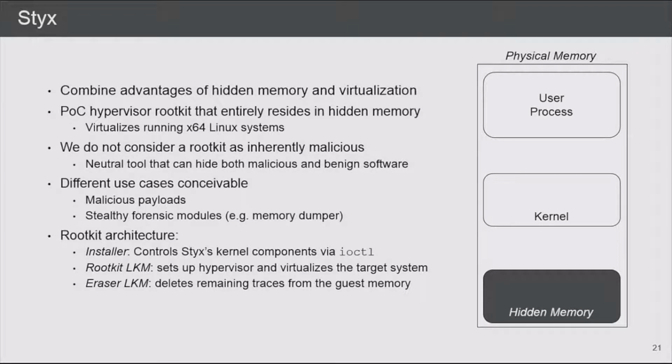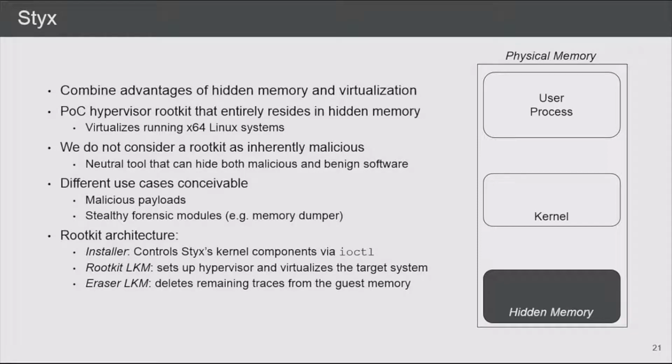As a side note, we do not consider a rootkit as inherently malicious, but rather as a neutral tool that can hide both malicious as well as benign software. So there are different use cases conceivable. Of course, the standard rootkit scenario, like integrating malicious payloads, but we could also use it for very stealthy forensic modules, like, for example, a memory dumper.